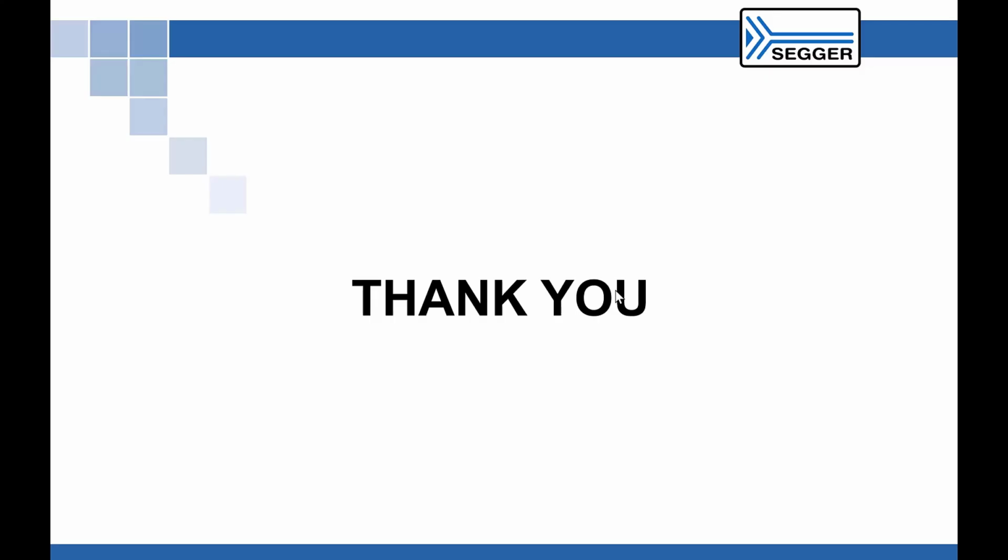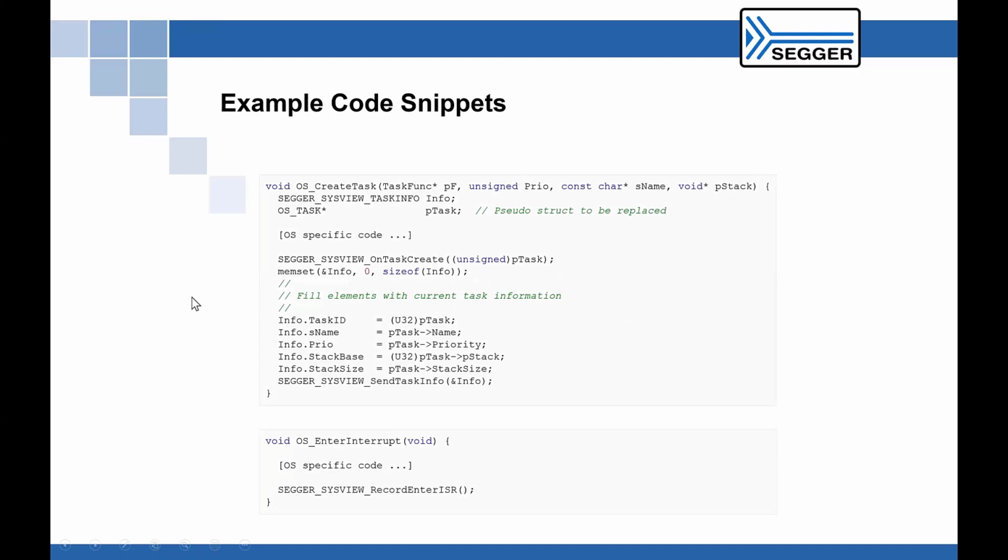Let me go back to my slides. One second, please. Share the screen. So yeah, here we go. So here are some example code snippets, how an instrumentation would look like if you put it into your RTOS sources. So this is taken from embOS, for example.